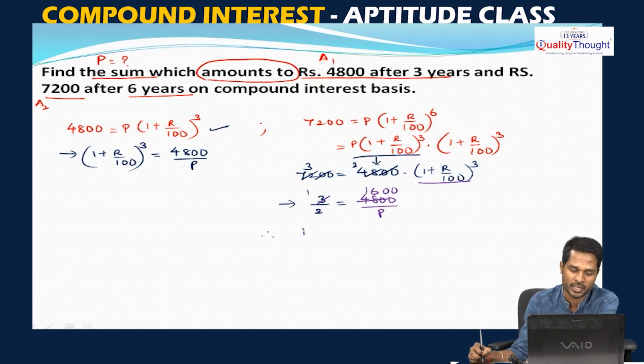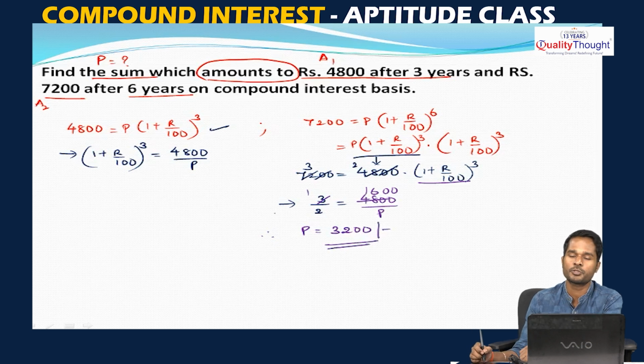This is P into 1 is P, 1600 into 2, which is 3200. That means the principal amount was 3200. That means 3200 rupees on compound interest becomes 4800 rupees in 3 years and 7200 rupees in 6 years.